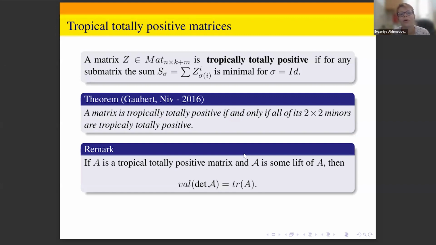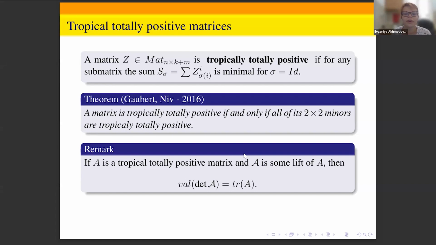But now we want the matrix Z to be tropically totally positive, which could mean that it is the evaluation of a totally positive matrix where all minors are positive, or equivalently, which is a theorem, it is a matrix where all the minors have their minimal diagonal sum on the main diagonal.